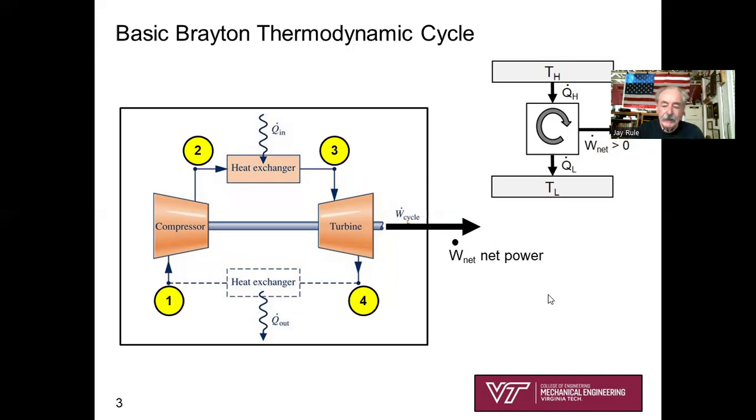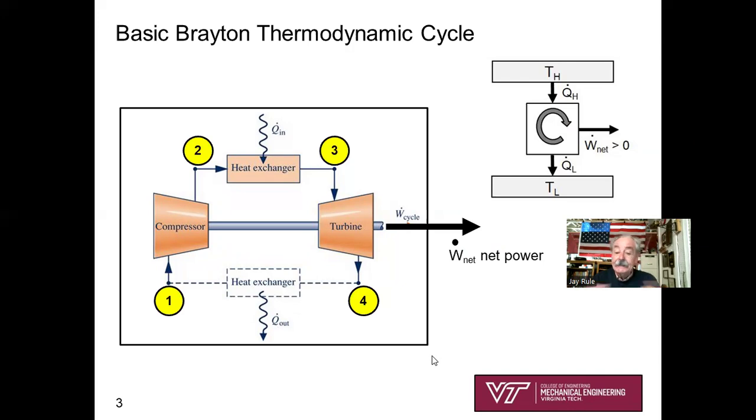And, depending on your level of complexity, your level of need, you might be modeling as an ideal cycle where the compressor and turbine are reversible and adiabatic, and you'd be seeking to find the thermal efficiency of that ideal cycle. Or a little more sophistication, you might recognize that there is a turbine efficiency due to inefficiencies or irreversibilities in the turbine. Similarly, compressor inefficiency where there are irreversibilities within that process.